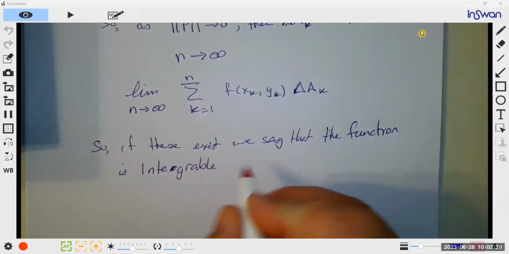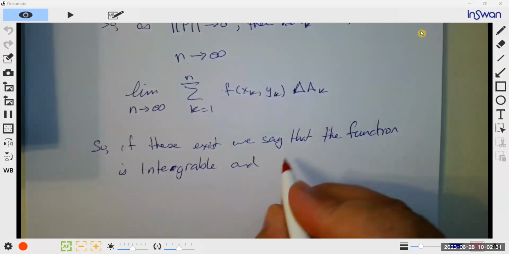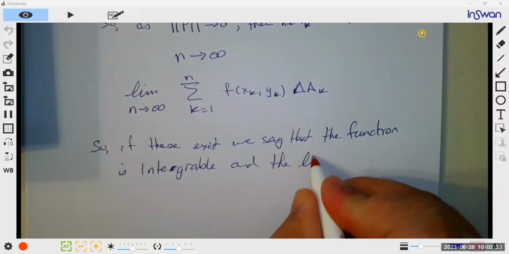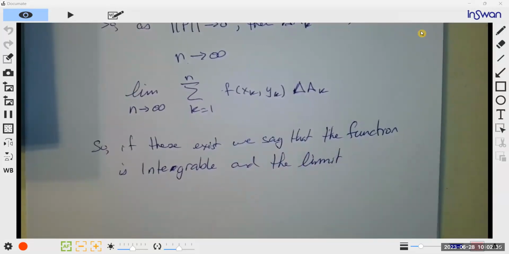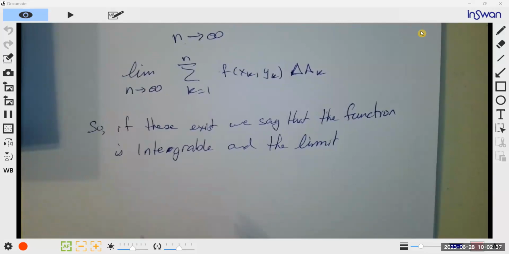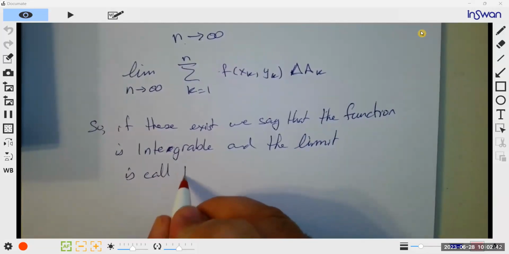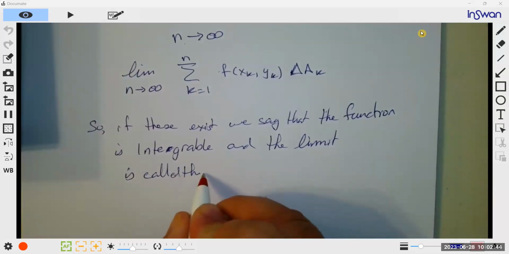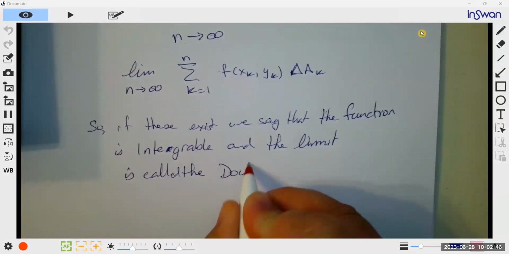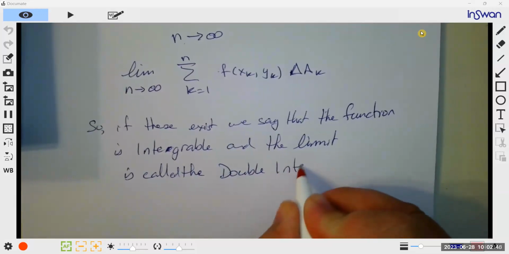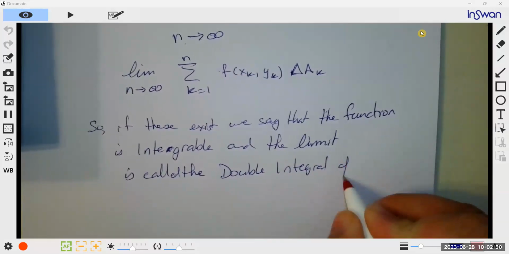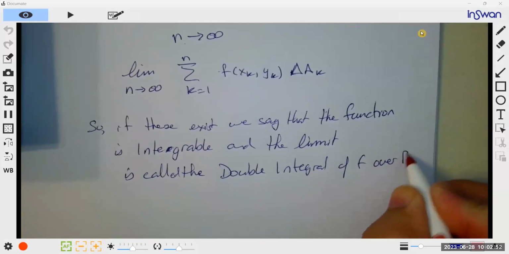Integrable. And the limit is called the double integral of f over R.